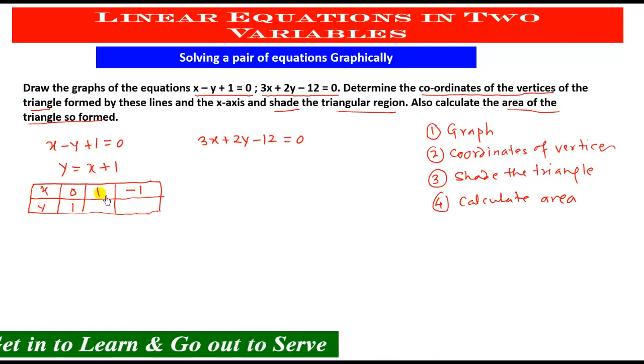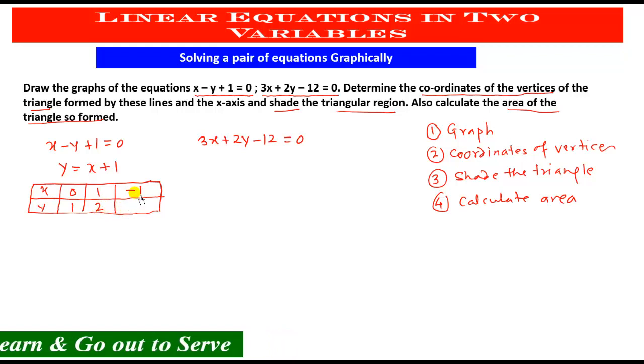If x is 1, then 1 plus 1 is 2, so y will be 2. And if x is minus 1, then minus 1 plus 1 is 0, so y will be 0.